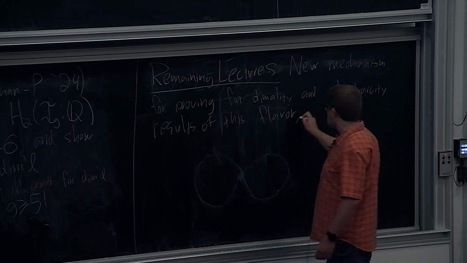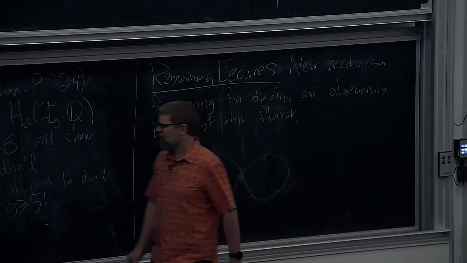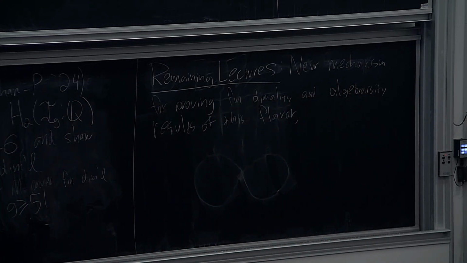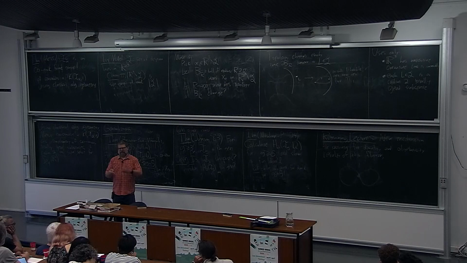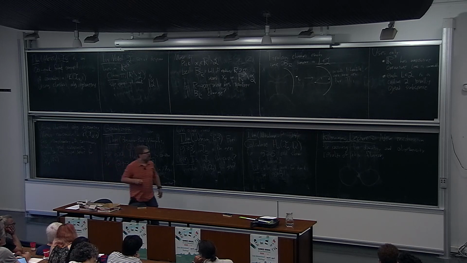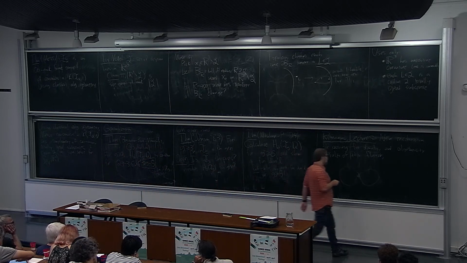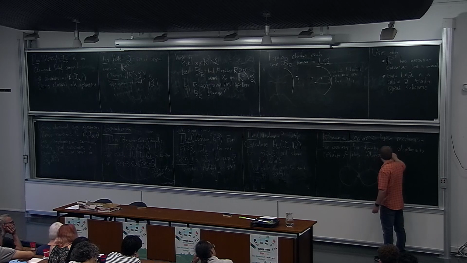And I want to illustrate it. I told you that Johnson's theorem, the proof is not conceptual. The proof is a gigantic calculation. Later on, I'll explain Johnson calculated H1 of the Torelli group, but his calculation depended upon proving finite generation first, and depended upon delicate features of his actual generating set. So, results of this flavor.